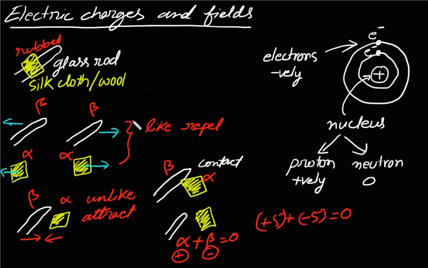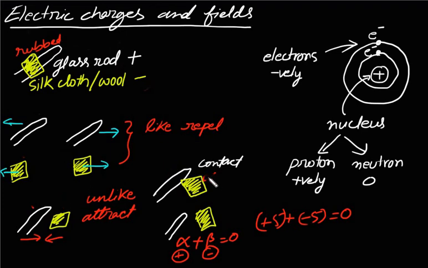Okay, so now we know that the glass rod is positively charged and the silk cloth is negatively charged. So instead of alpha and beta, we gave them the nomenclature positive and negative.